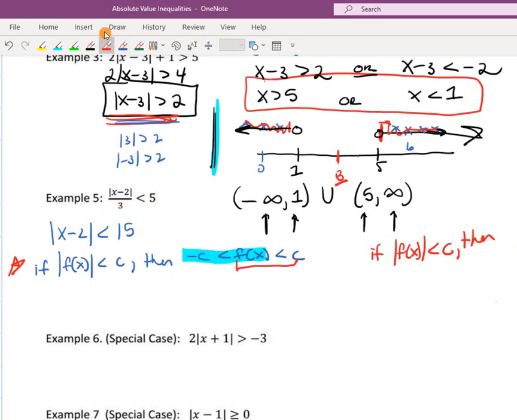Why would I write it this way? Well, let's think about our other rule that said if the absolute value of f of x is greater than c, then f of x is greater than c, or f of x is less than negative c.